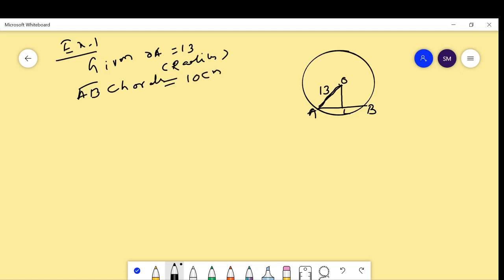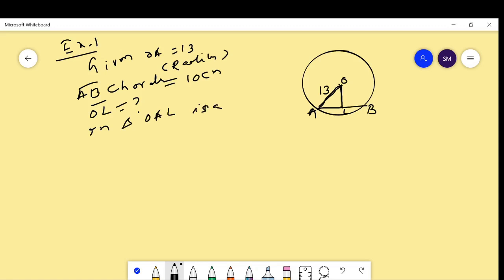We have to find the distance of the chord from the center, which means we have to find the length of OL. Consider the triangle OAL. In triangle OAL, it is a right angle triangle.